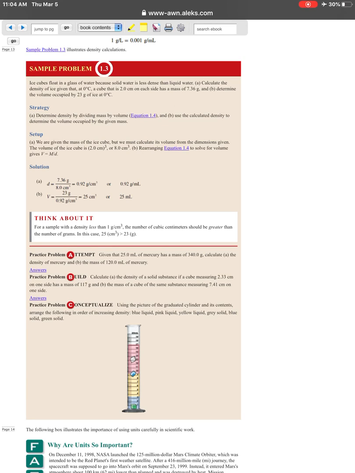For this one, well, they're telling you what the length is of the cube. Remember, the volume of a cube is the length times the height times the width. So that would be 2.0 centimeters times 2.0 centimeters times 2.0 centimeters. And then it gives you the mass in grams, 7.36 grams. Density is mass over volume.